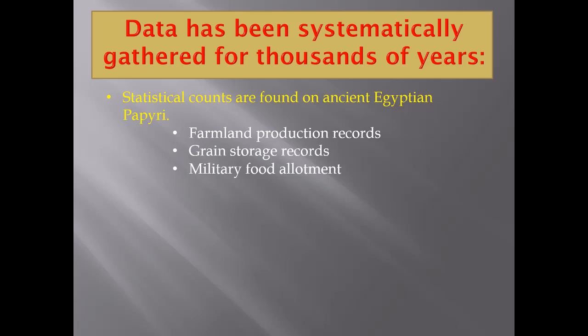Here is how much food we produced when I was the pharaoh. Here's how much extra we had in case of famine. And here's how much food I gave to my troops to keep them happy. Success in the ancient world was about being able to feed your people. So these are the kinds of records that they would hold dear to themselves. The conquests and the land that they acquired were also important, but these things were measures of success.